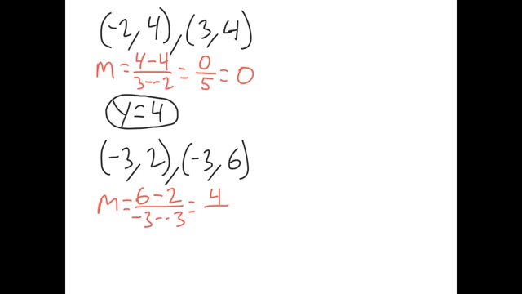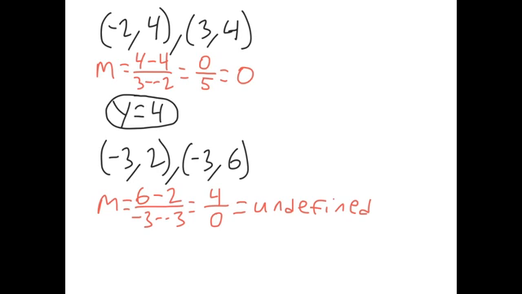So negative 3 plus 3 is going to give you 0. So 4 divided by 0, remember I said in the last video, you can't divide by 0. It's physically impossible. So anything divided by 0 is undefined.